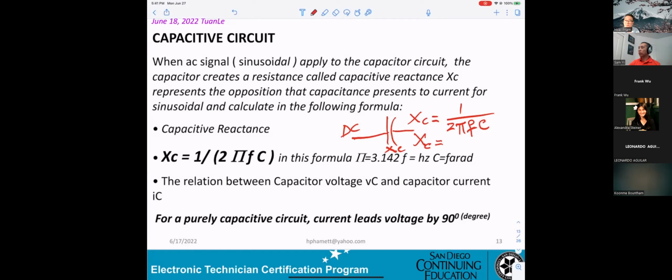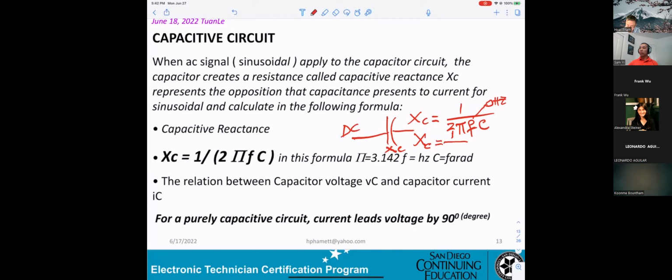An infinite amount of ohms if it's DC, right? Infinity ohm. Now I calculate 1 over 2 pi F. What does F equal? 0 Hertz. DC has no frequency.